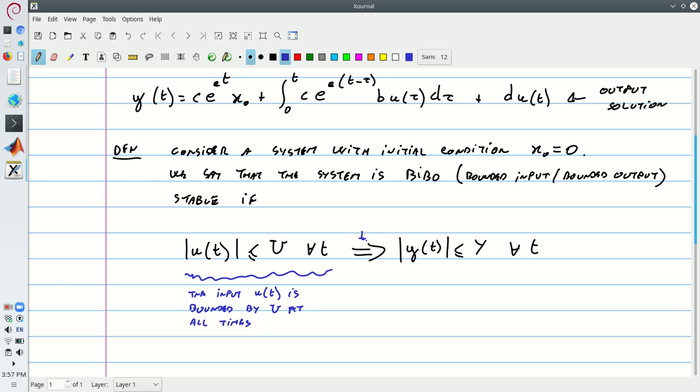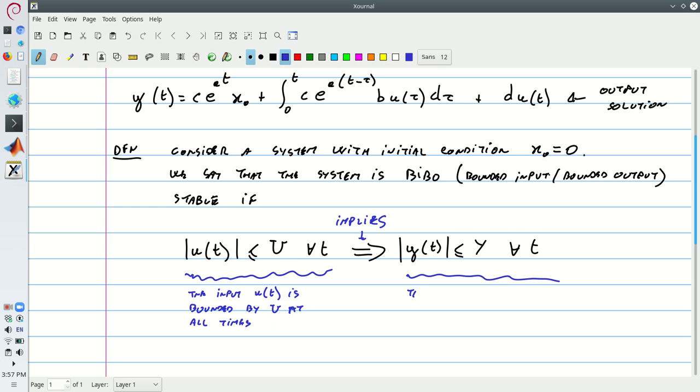This symbol here is used a lot in logic and in mathematics, and simply means implies. So the relation that we need to verify is that if what we have on the left is true, then the system is BIBO stable if what's on the right is also true. So every time you give me a bounded input, you need to get a bounded output. That's the meaning of BIBO stability.